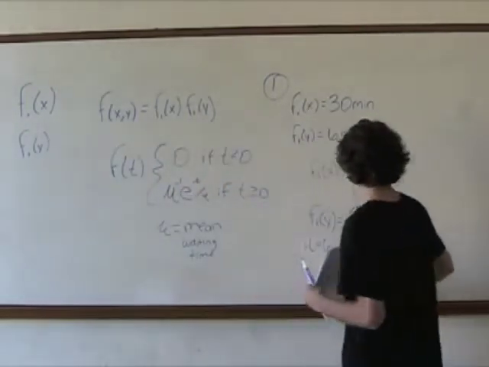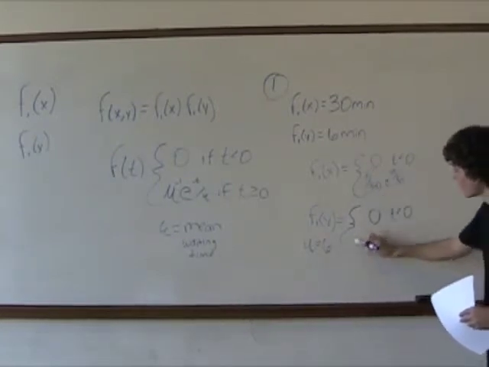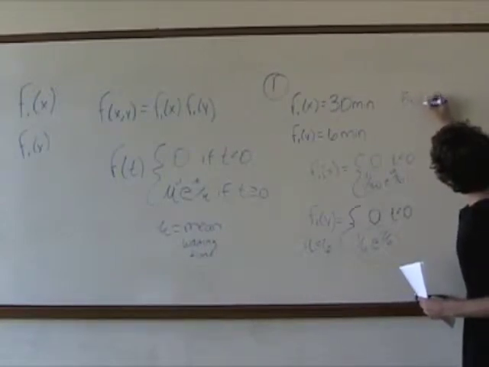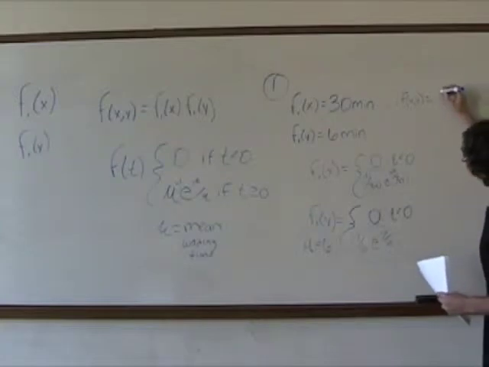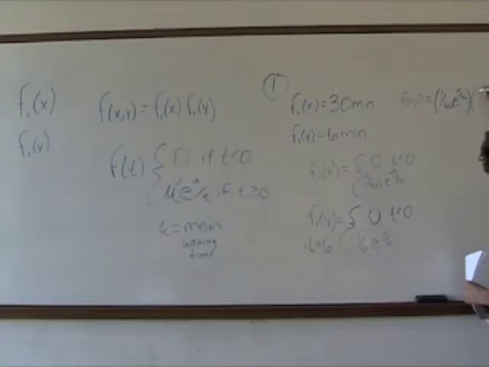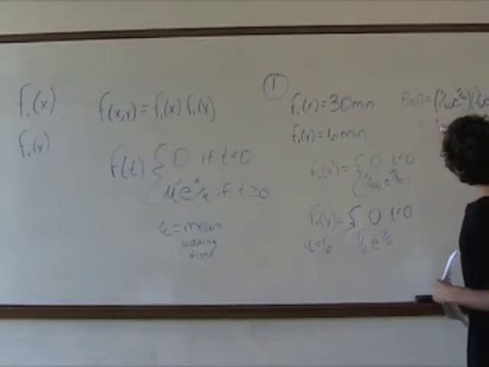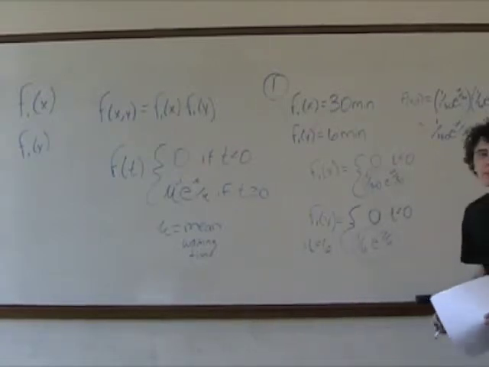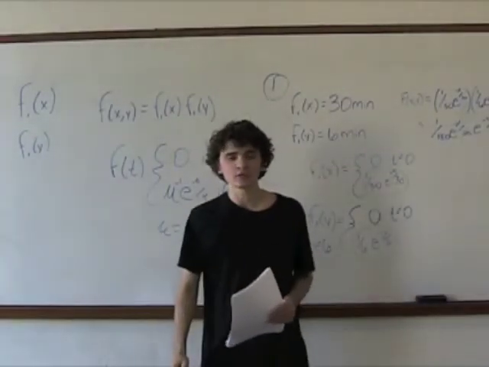So, with these two components of our modeling with exponential functions, we can have this equals, but we're looking for the probability that we're not going to stand in line for over 40 minutes.